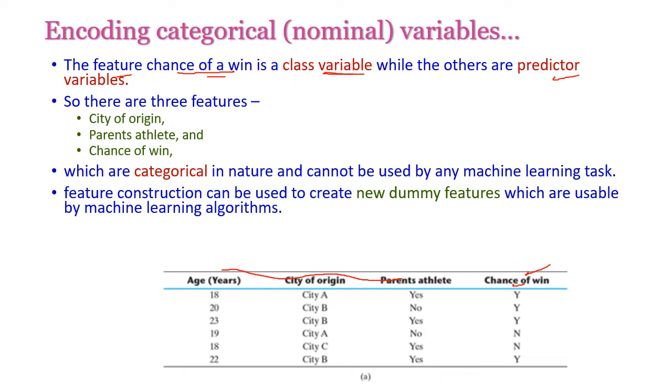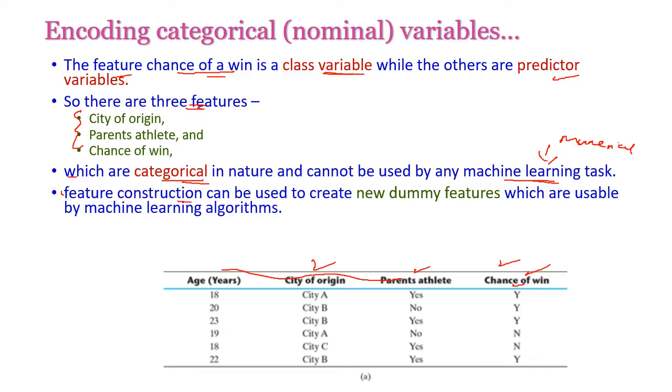Hence there are three categorical features: city of origin, parent athlete and chance of win. These are categorical in nature and cannot be used by a machine learning task because we require numerical values.